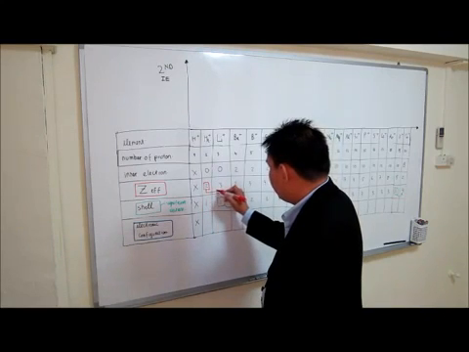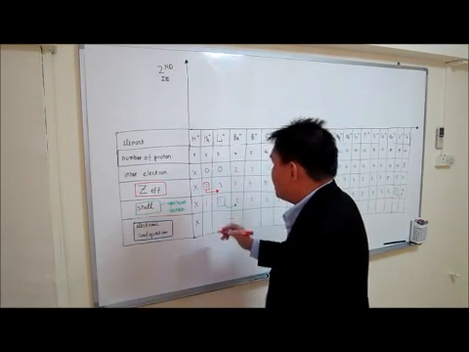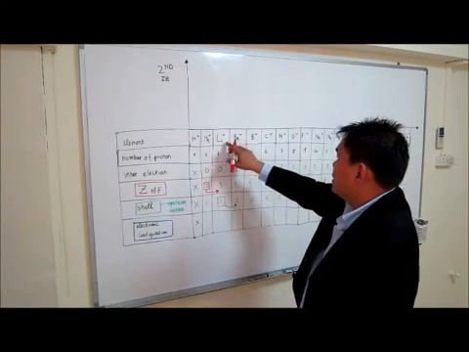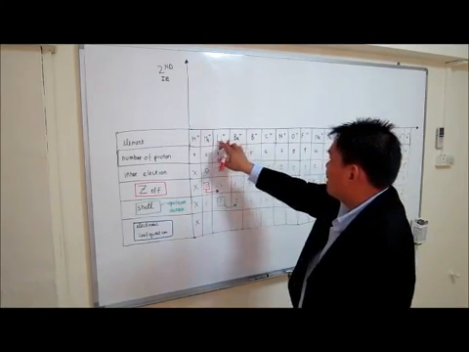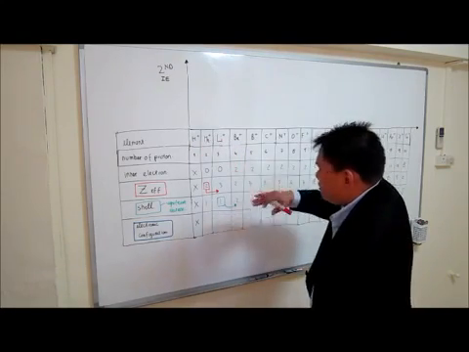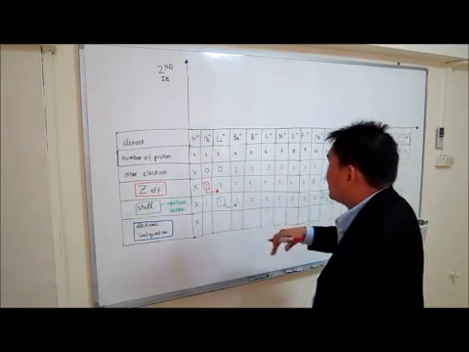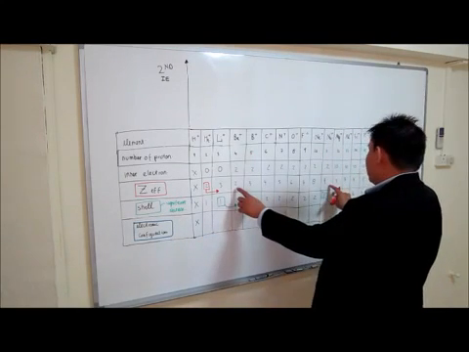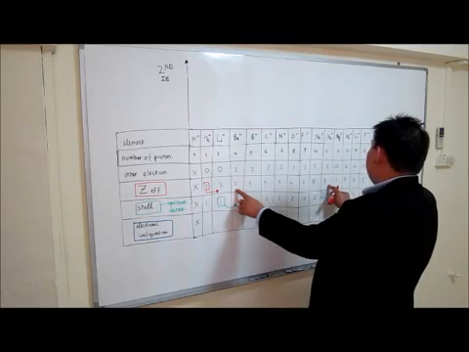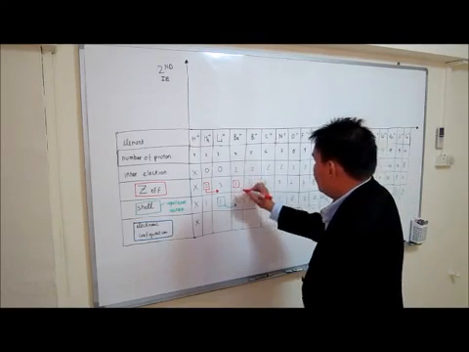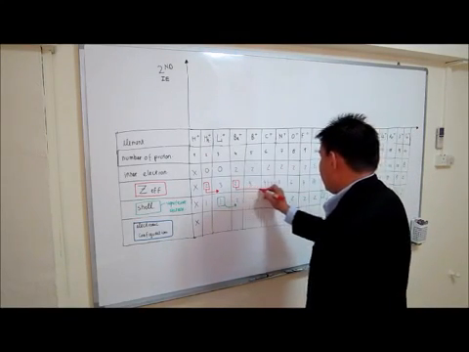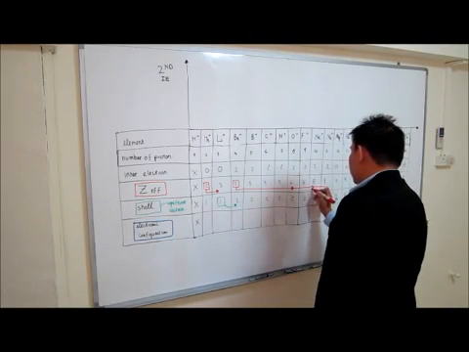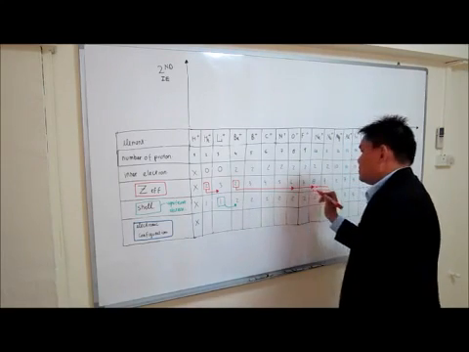That means this red arrow here represents a gradual increase of second ionization energy. In this case, Li plus has higher second ionization energy than helium plus. The same pattern is repeated from Be plus to Na plus. The second ionization energy will increase gradually.